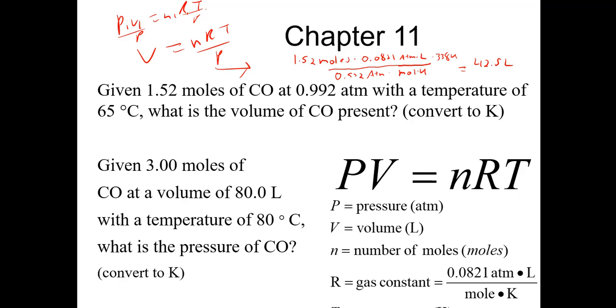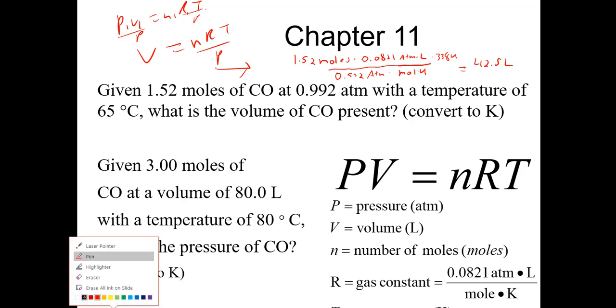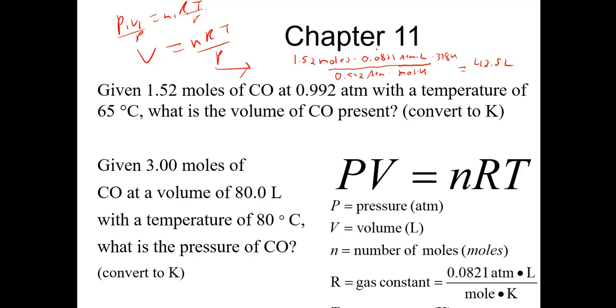Here is the worked out equation after I rearranged the equation, solving for volume. I did write the units in here. You don't have to do that. I just wanted to prove to you why we have the gas constant.